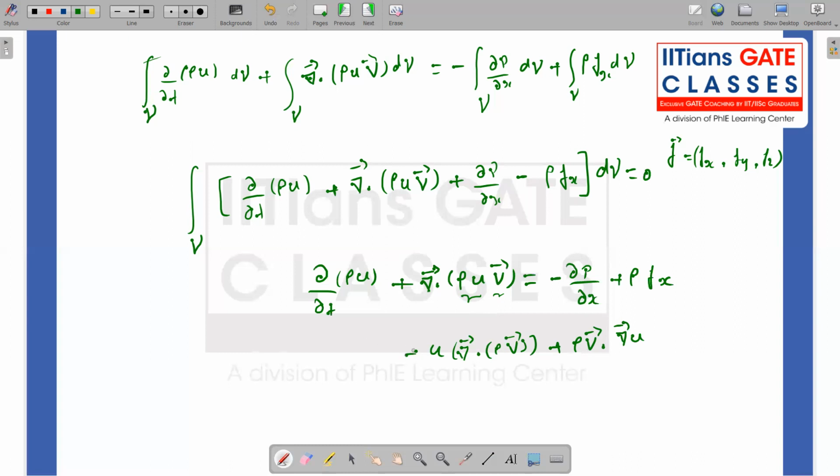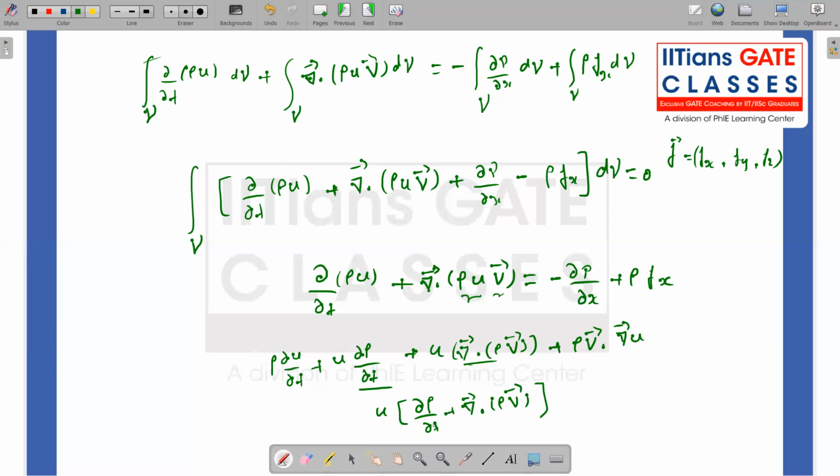And again, I have the term dou by dou t of rho u. If I split that, it becomes rho times dou u by dou t plus u times dou rho by dou t. If I take u common in this term and the divergence term, that becomes u times dou rho by dou t plus the divergence of rho v. And surprisingly, this is nothing but our continuity equation.